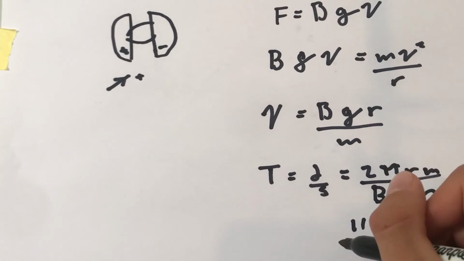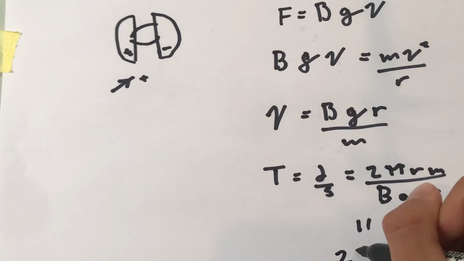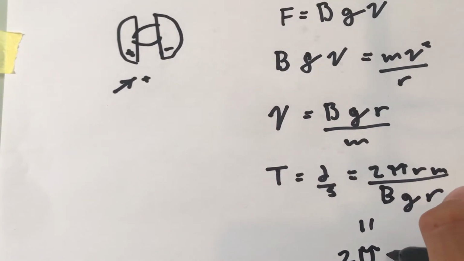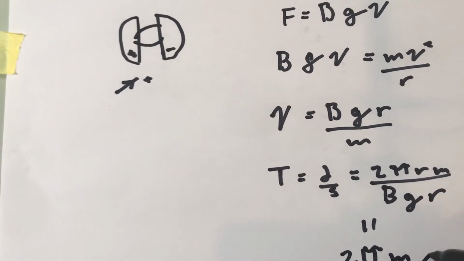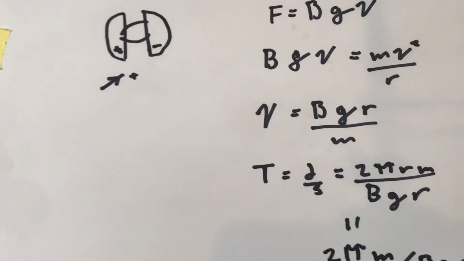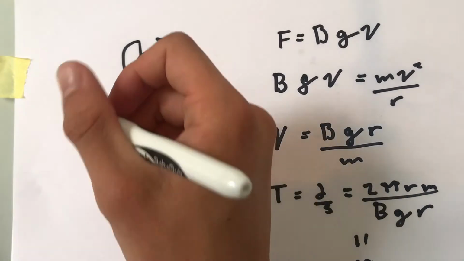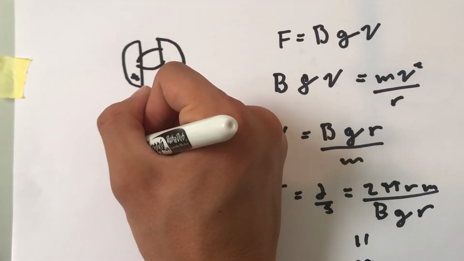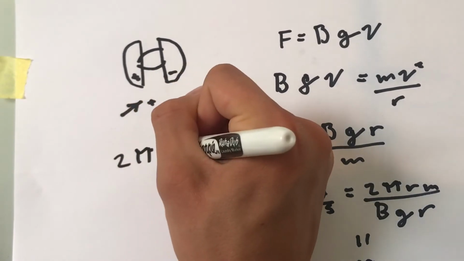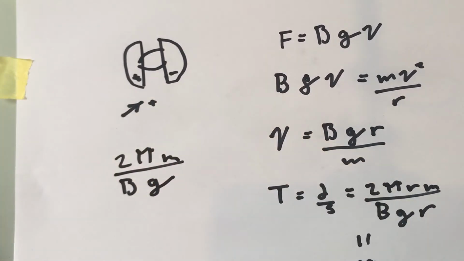You see the r's annihilate each other, and you are left with 2 pi times the mass divided by B Q. So we know that the formulation for this is 2 pi m over B Q. And as you can see here, there is no radius term.